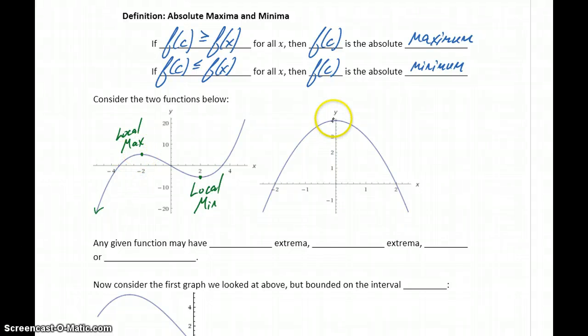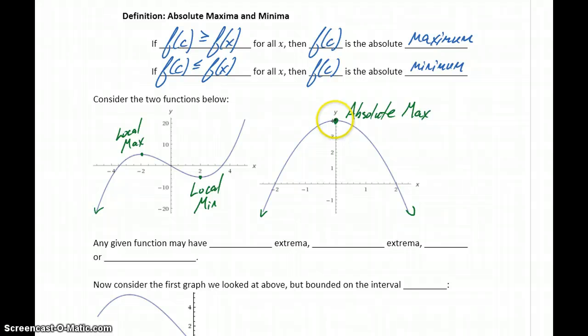The difference is going to be for this module, what we're looking at are points like this one, which could be classified as an absolute maximum. So it's an absolute maximum because this is the largest value this function ever takes on. As we follow the graph to the left, this is just continuing down to negative infinity. As we trace it to the right, continuing down to negative infinity.